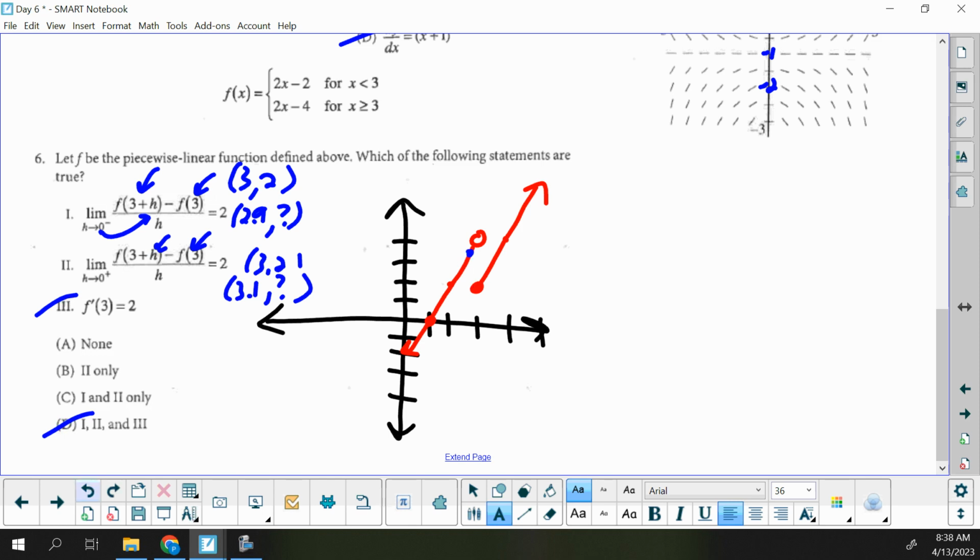Now let's get the point a little bit closer. Slope is still negative. Let's get super, super close. Slope is still negative. No matter how close we get that point on the left side of x equals 3, the slopes are never going to be approaching 2. So choice 1 is ruled out.